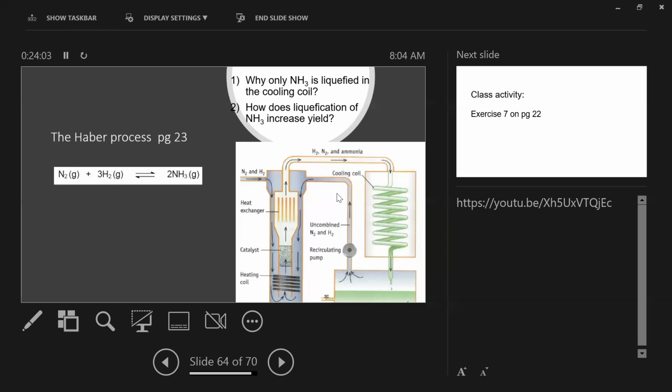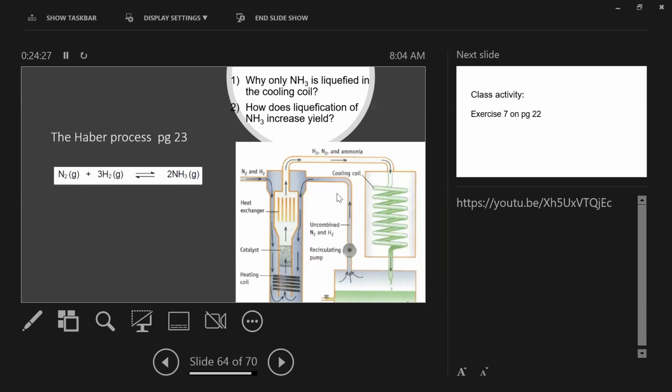No attraction, so gaseous. They go around individually, no effect on each other. But they can only be liquefied if they experience attractive force with each other. They are bound to each other. Then when it becomes solid, of course, the attractive force will be the strongest.